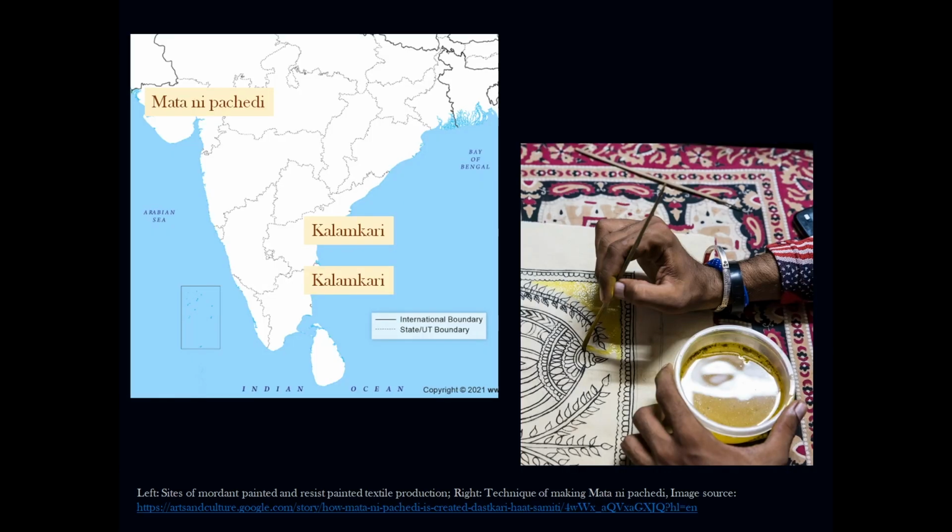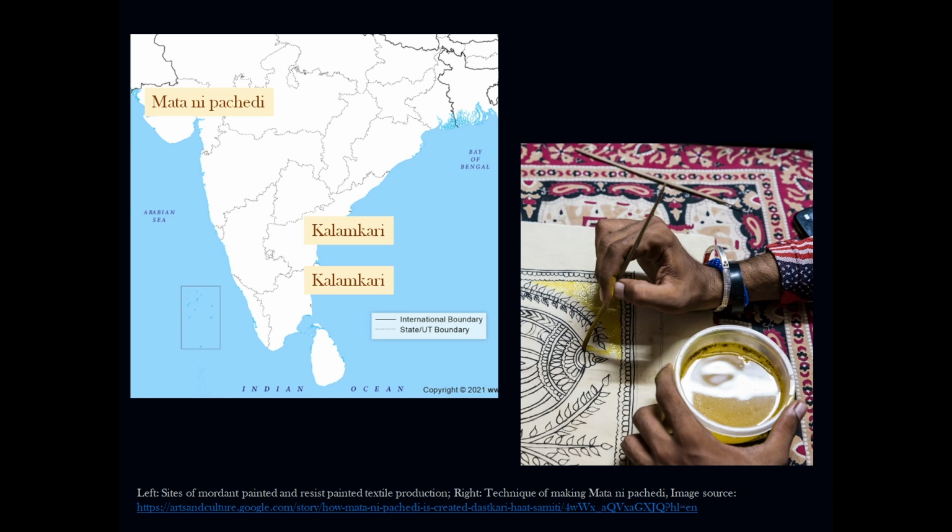On the right side of the screen we have a representation of a contemporary artisan making this Mata ni Pachedi in Gujarat, near Ahmedabad. Here, this bamboo tool, or bamboo brush, is used for filling the mordant in this area.